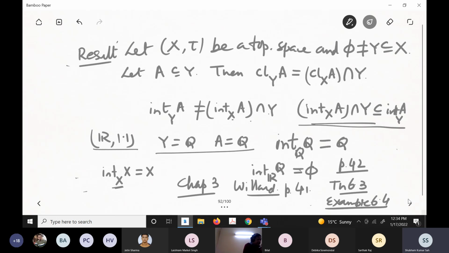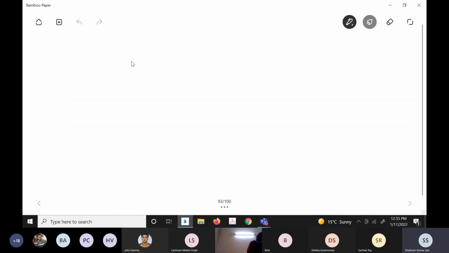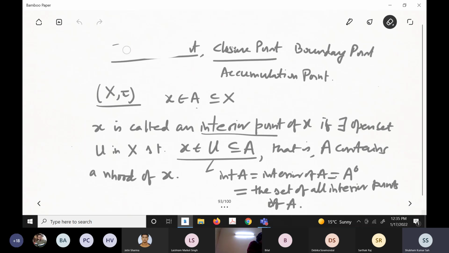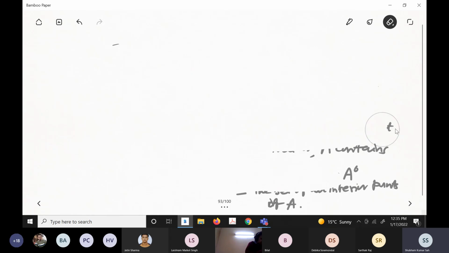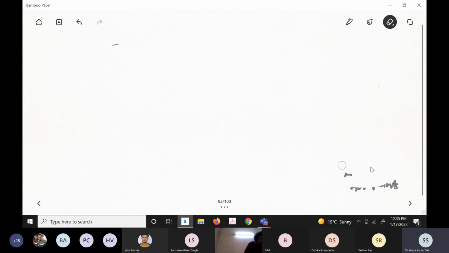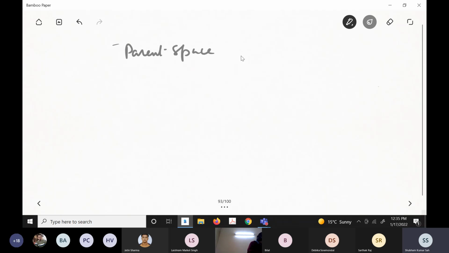Now, how subspaces behave with respect to the parent space, which we also call the ambient space. This X, tau is called the parent space, and this is the subspace.